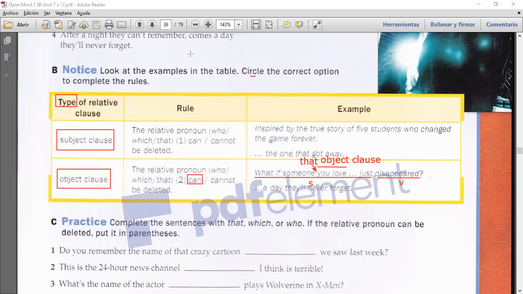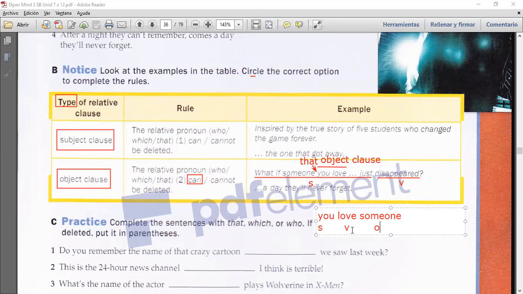Now, we can take out, here I can say, you love someone. You love someone. Now, subject, verb, and object.